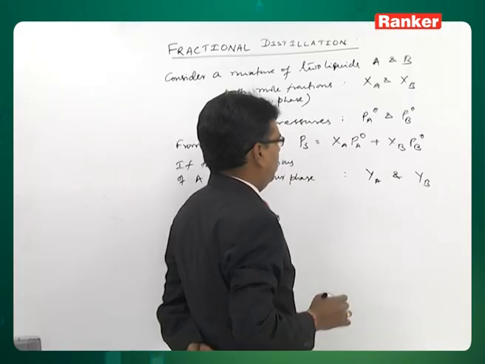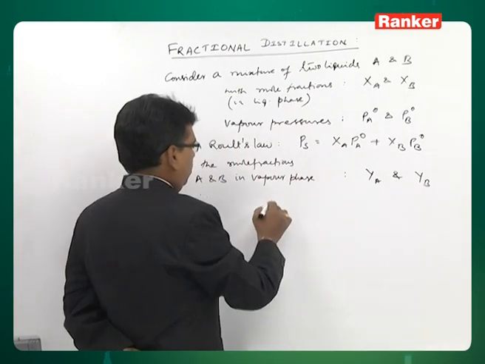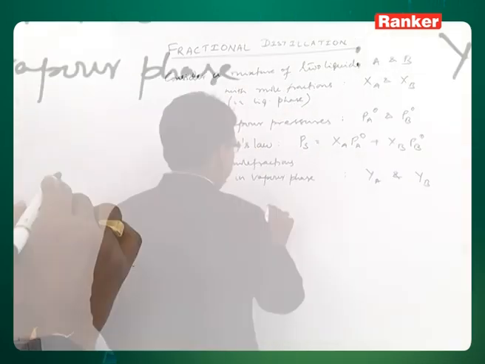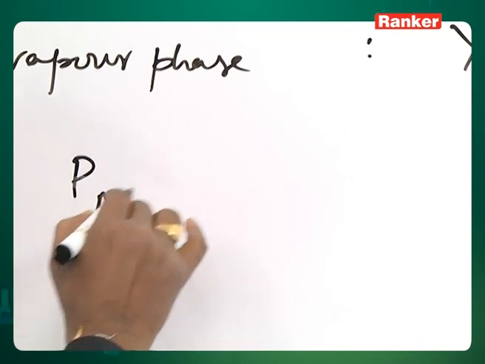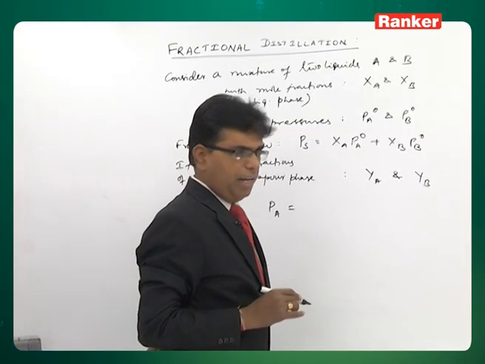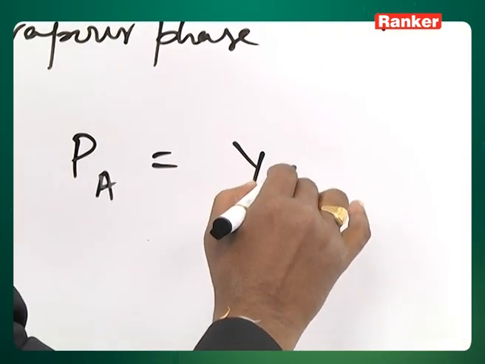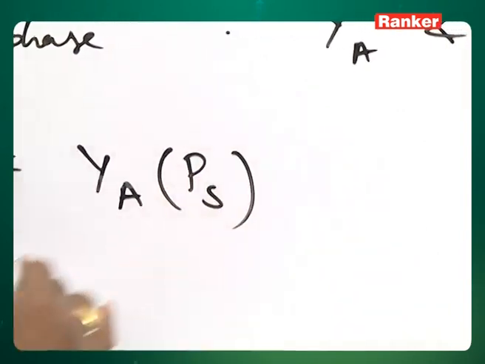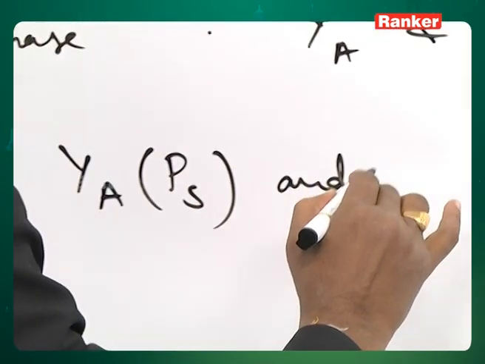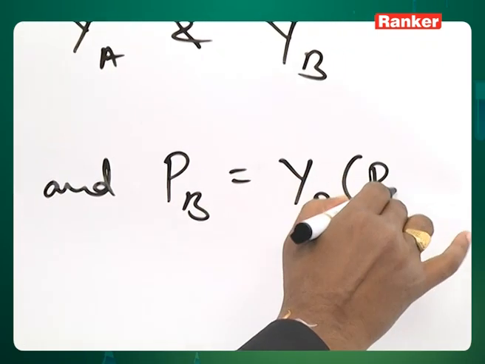Then what we can also say is that P A, that is partial vapor pressure of A in the mixture, is equal to Y A into P S, and P B is equal to Y B into P S.